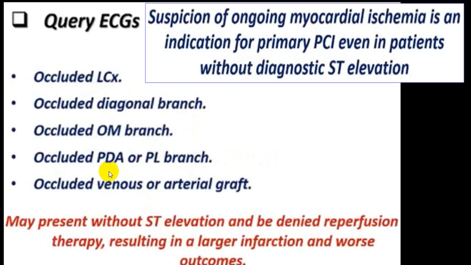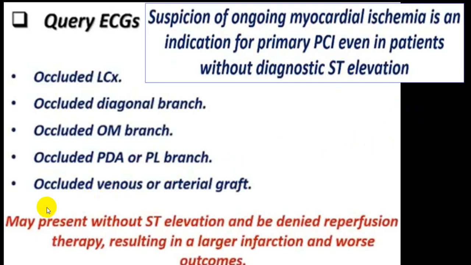These are the things which will not have classical diagnostic ST elevation. You will have ST changes which will give you a suspicion of ongoing myocardial ischemia. You will have to interpret and send him for angio, maybe followed by primary PCI and revascularization procedure.